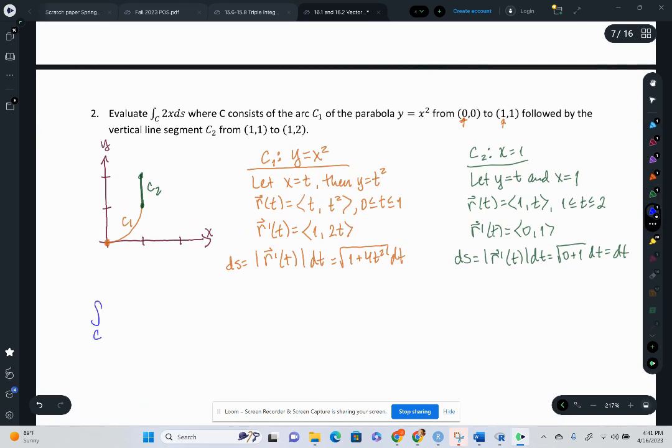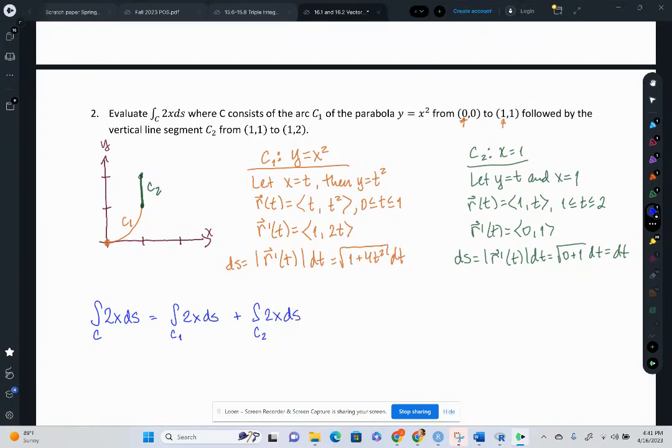We are supposed to calculate a line integral over C of 2x ds, but C consists of 2 arcs, C1 and C2. That means we have to integrate over C1, 2x ds, and then add an integral over C2 of 2x ds.